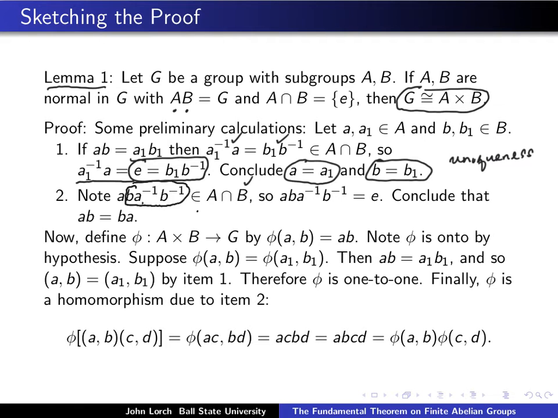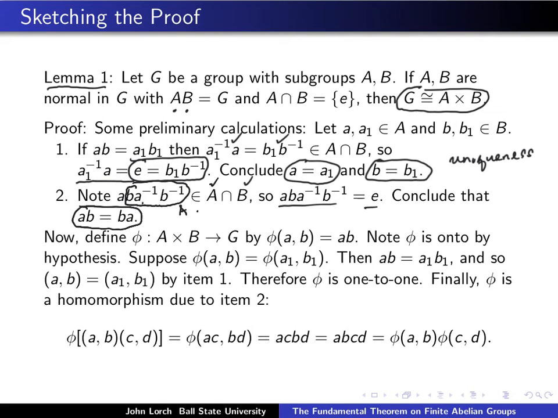Well, A is normal in G, and that means that B times A inverse times B inverse is once again lying in capital A. And then if I multiply by little a on the left, I get something again that's in capital A. So this weird looking product lies in both A and in B. And that means that because the intersection is trivial, this product is equal to the identity. And then if you move the inverses over to the other side, you get this result.